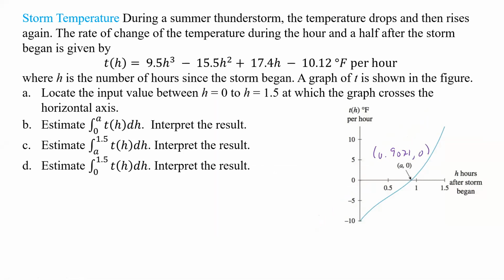All right. Next thing, we have to think about how many squares. Basically we have to think about each square. If we split this into 9 squares, I think that's going to be easiest, because that's 0.9071.